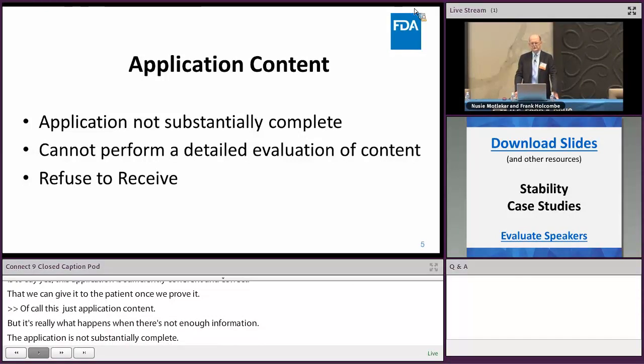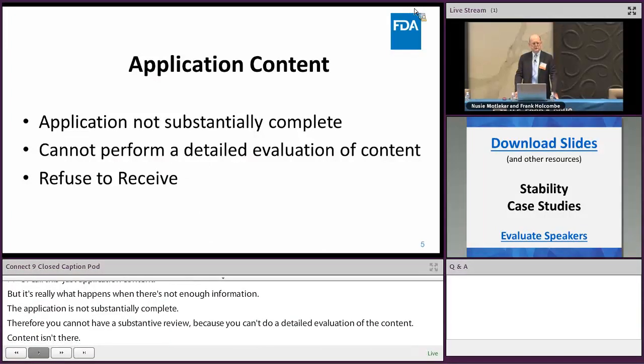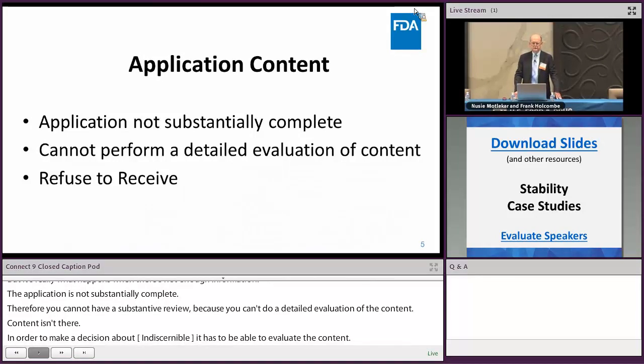The content isn't there. And in order to make a decision about approvability, you have to be able to evaluate the content. This means, very simply, that you can't make a decision to approve or not approve it because the information that you would normally use for your evaluation is not available to the reviewer.